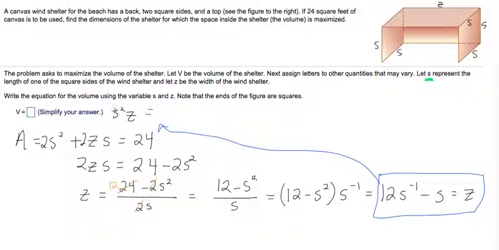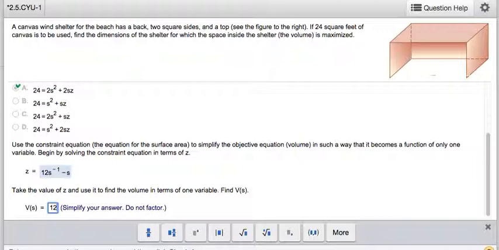V is S squared times Z. S squared times 12S to the minus 1 minus S is Z. Simplifying, we'll distribute the S squared. 2 minus 1 is 1, so I get 12S minus S cubed. Be careful on that. 12S minus S cubed, it looks like.